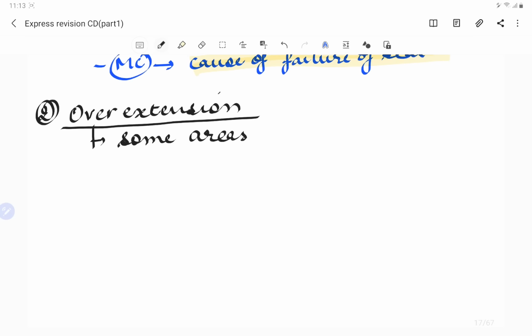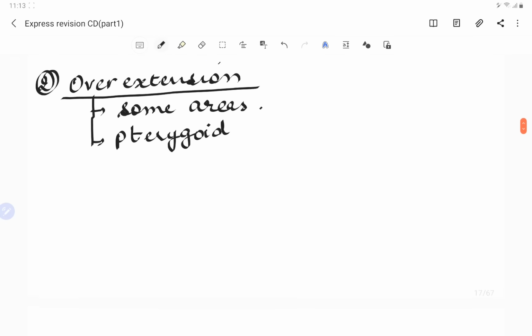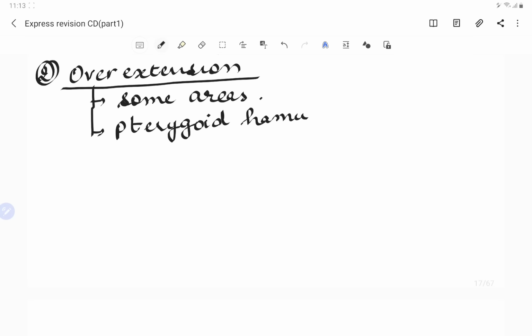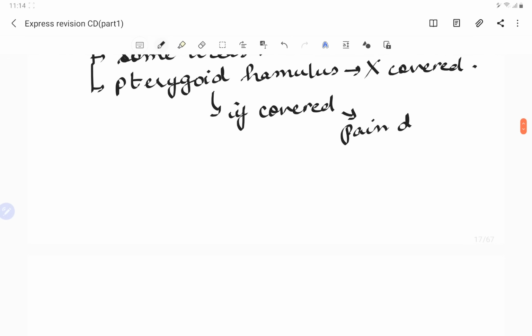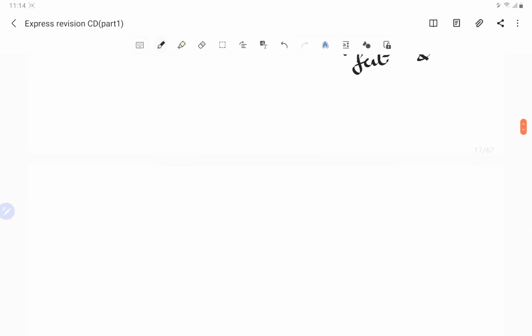Some areas are going to be overextended, and a very important point is the pterygoid hamulus should never ever be covered by the denture. If it is covered, the patient will complain of pain during function, and also of difficulty in swallowing.